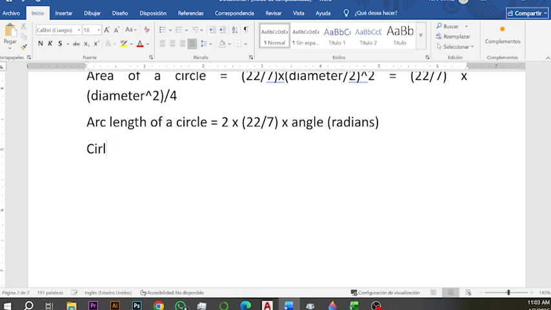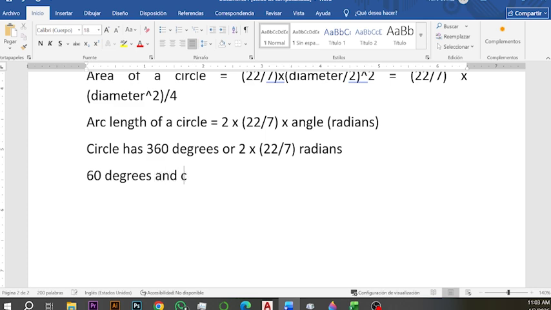A circle has 360 degrees, or 2 times pi radians. So if you were to get 60 degrees and convert to radians, it would be equal to 60 divided by 360 times pi times 2.